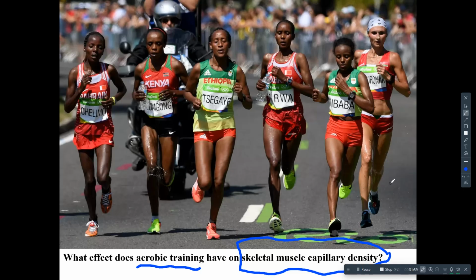Well, it'll actually increase. You will grow new capillaries in your muscles as a result of cardiovascular training. That is one of the positive adaptations that you make in response to training. It's one of the things that contributes to an increased level of fitness.